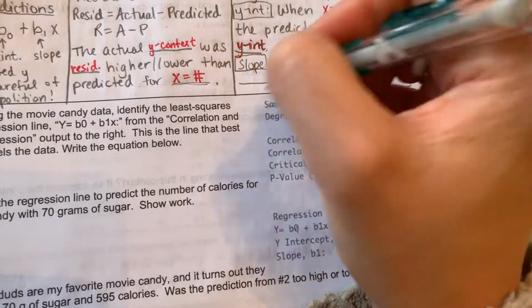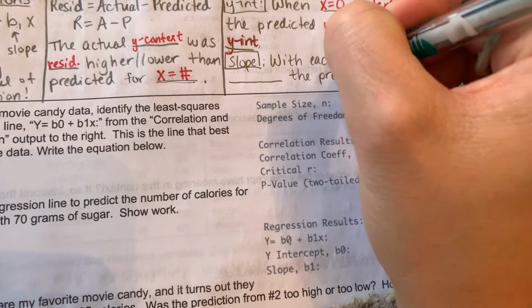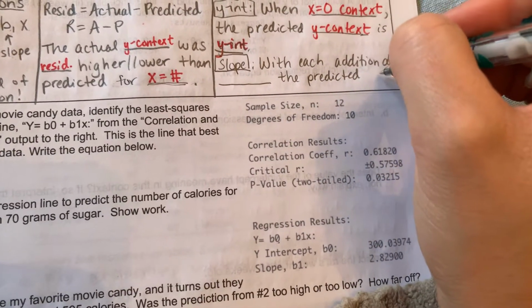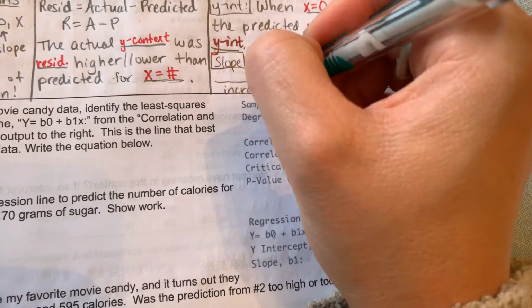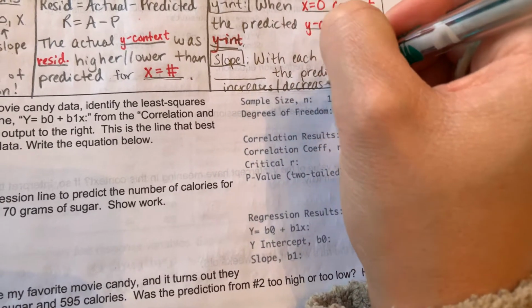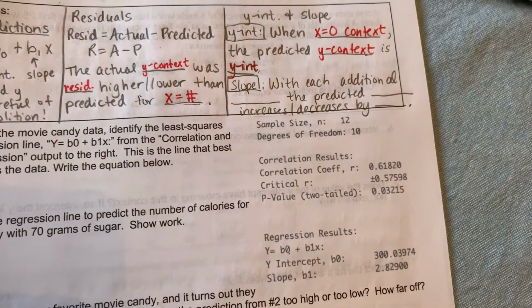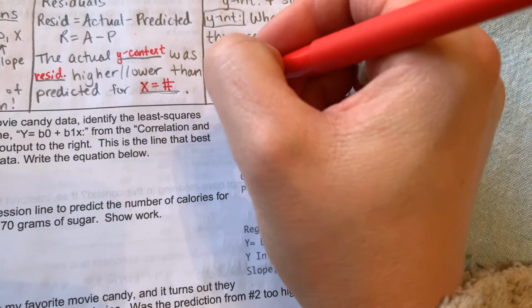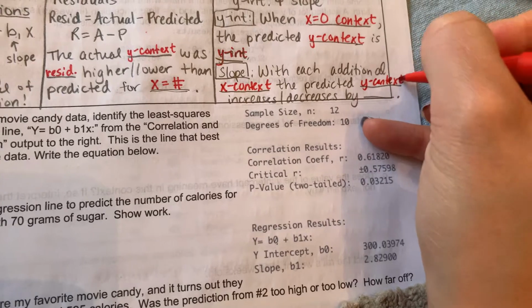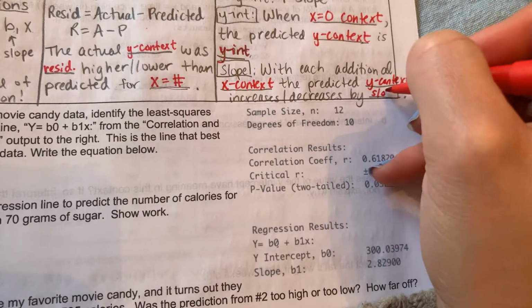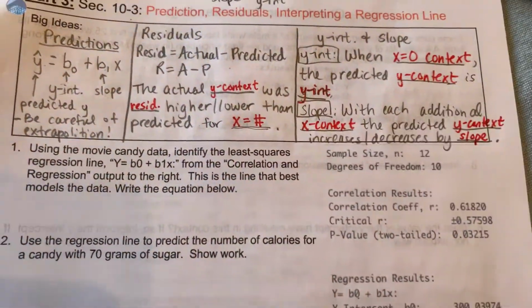So with each additional, whatever your x is, so for each additional gram of sugar, the predicted, and then you have to fill in your y context, increases or decreases, depending on whether the slope is positive or negative, by whatever your slope is. Okay. So again, with each additional x context, the predicted y context increases or decreases by the value of the slope. Okay, I think those sentences will both make a lot more sense when we actually have contexts to fill in.